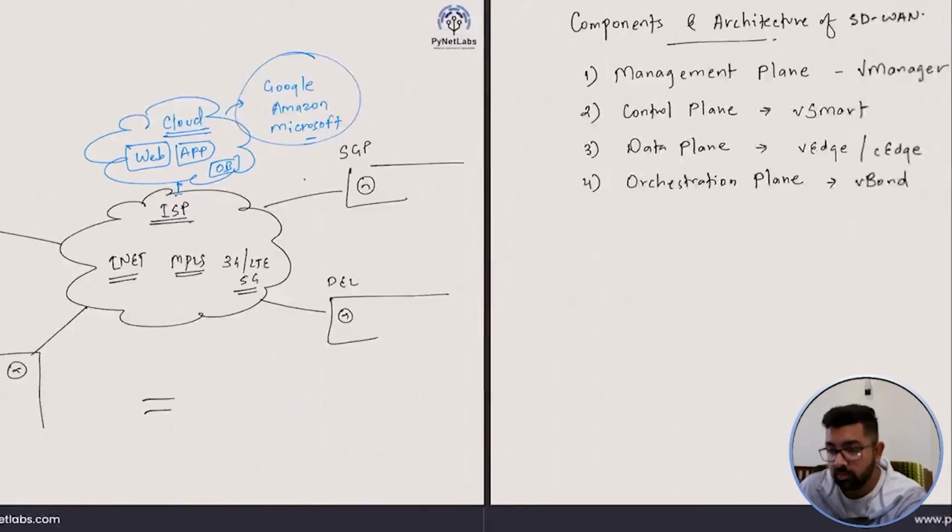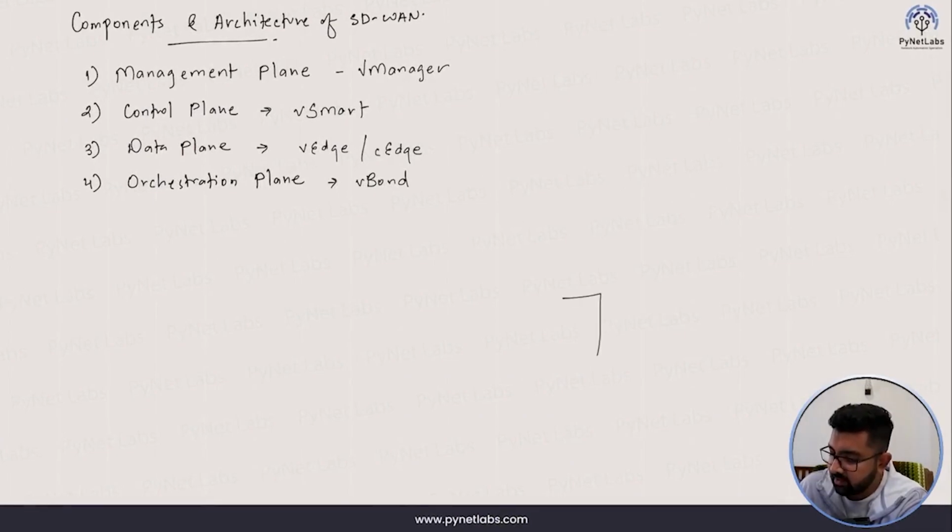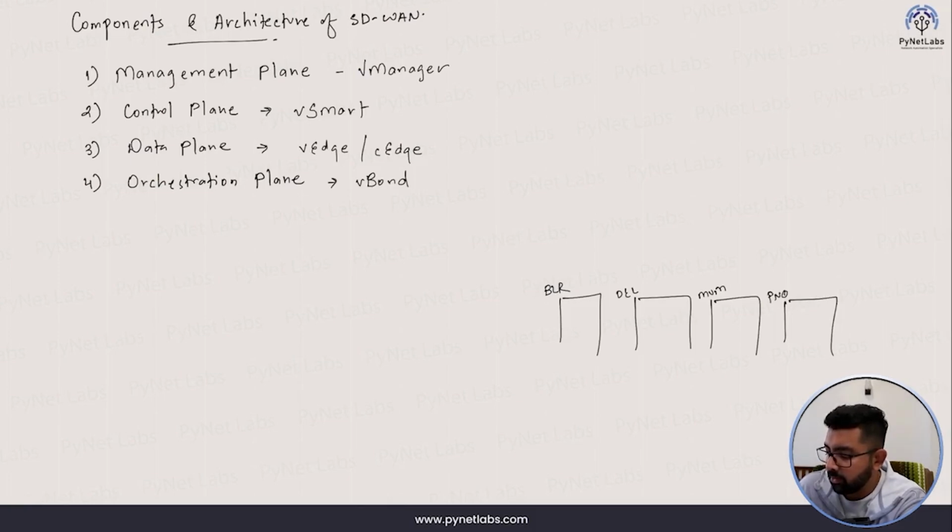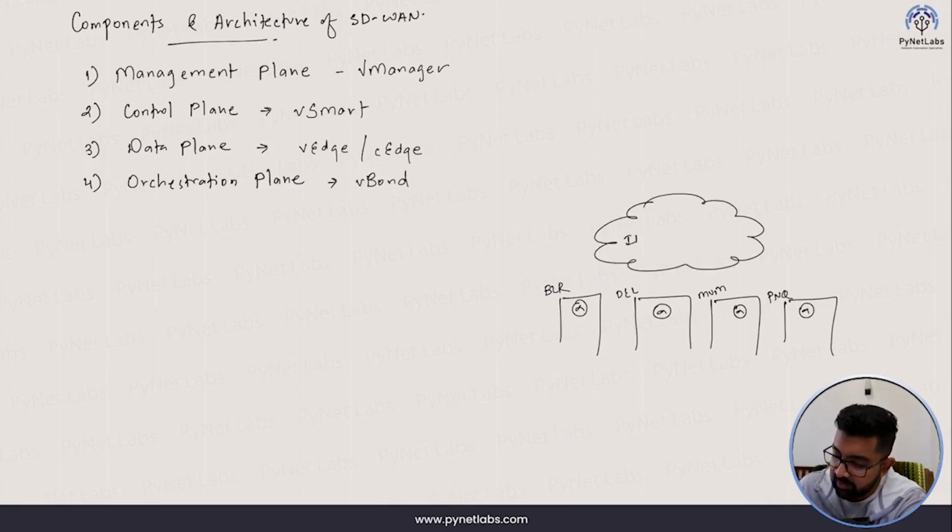So if you have a site in Bangalore, another site in Delhi, another site in Mumbai, and another site, let's say in Pune, all of these sites have some WAN edge devices, and then they're connected to the ISP fabric either by using iNet, or MPLS, or 4G or 5G, considering the cellular services. So these WAN edges connect there.